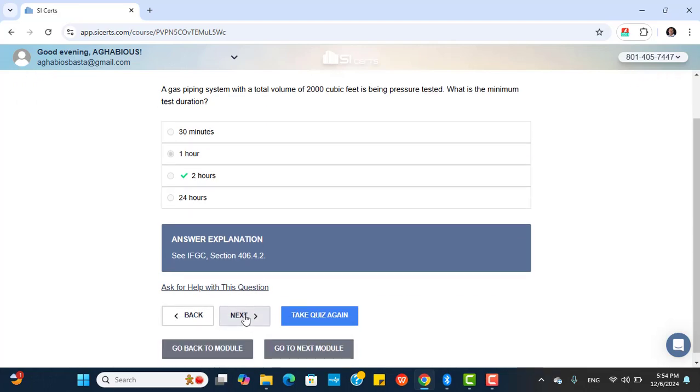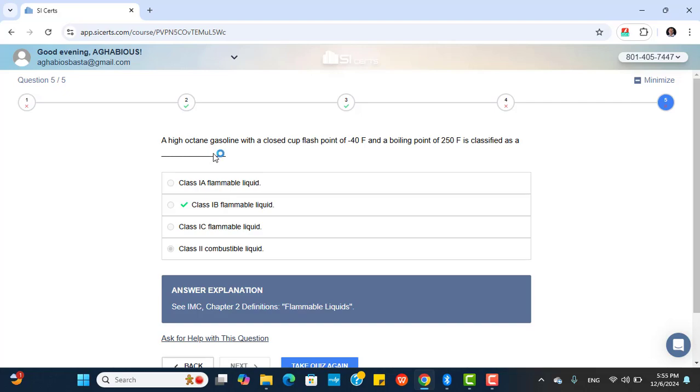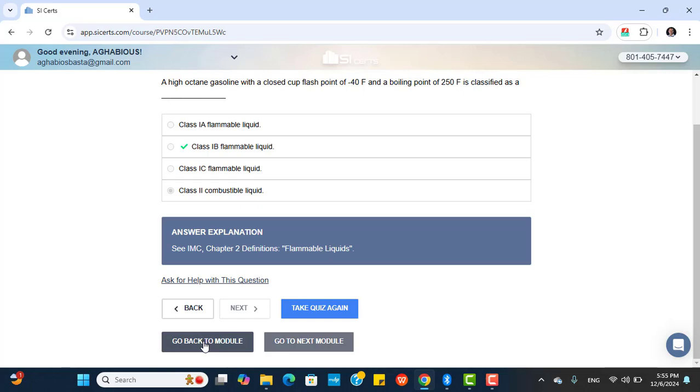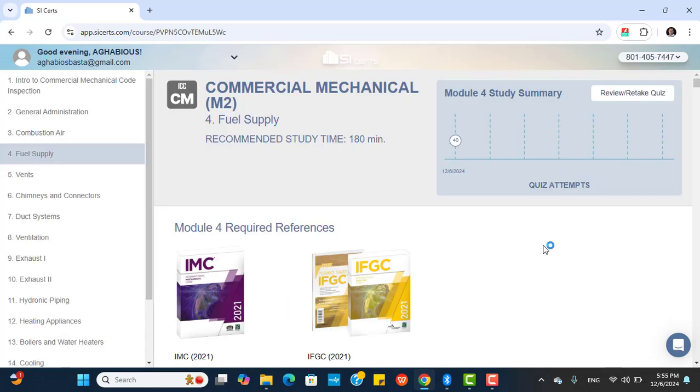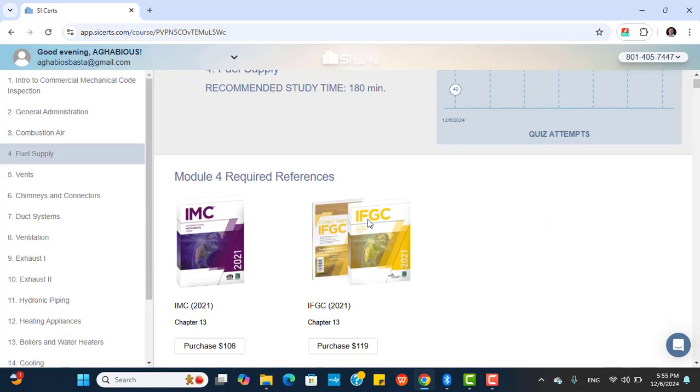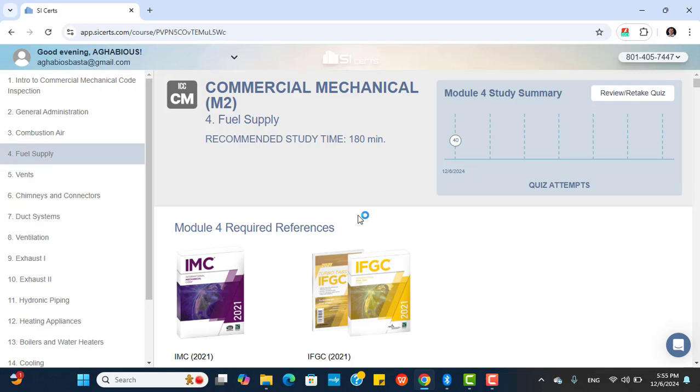Next, a high octane gasoline. Okay, this is in Chapter 2, in the definitions. So we have now studied the fuel supply.